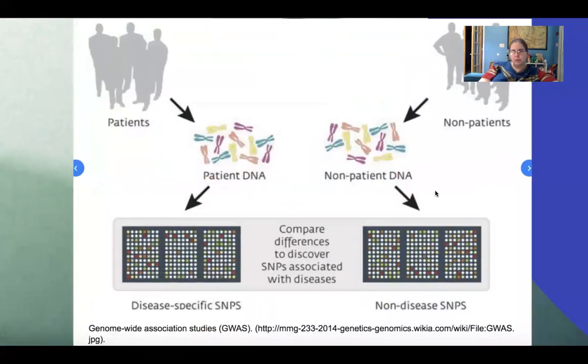This is just a blown up picture of the other one. So patients versus non-patients, we take the DNA samples and then we compare them. These different little dots each represent different locations in the genome. And you'll notice that the combination of dots and colors are different here versus here.